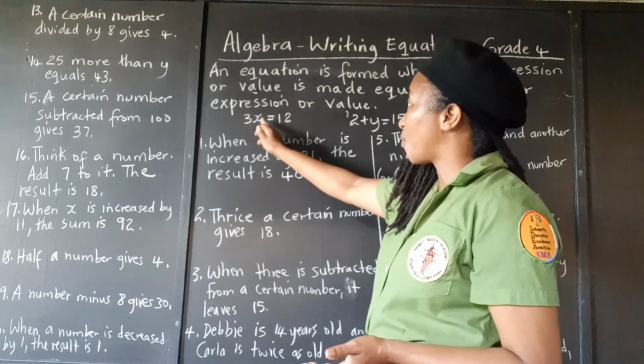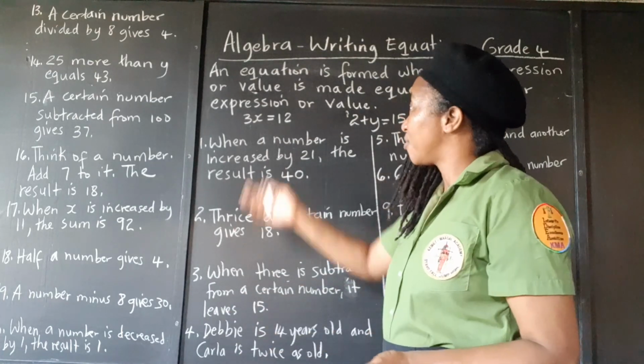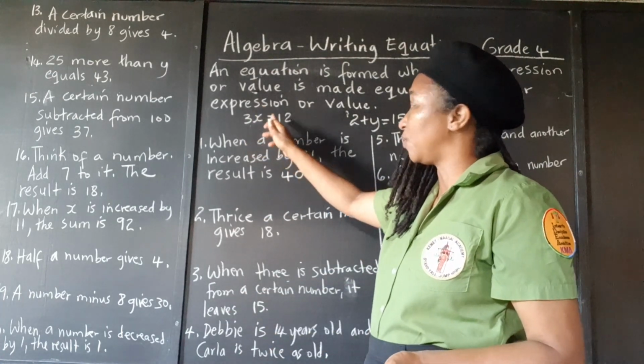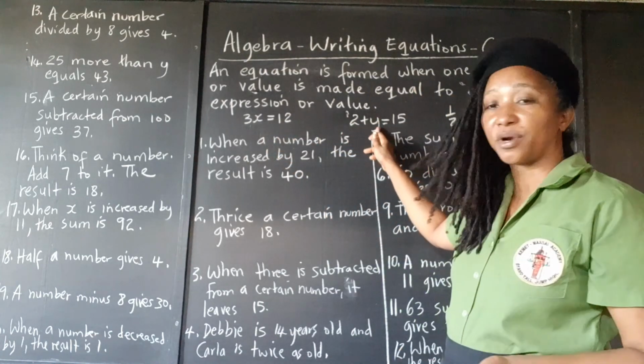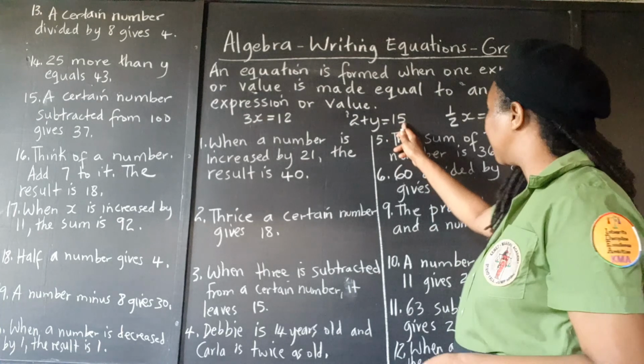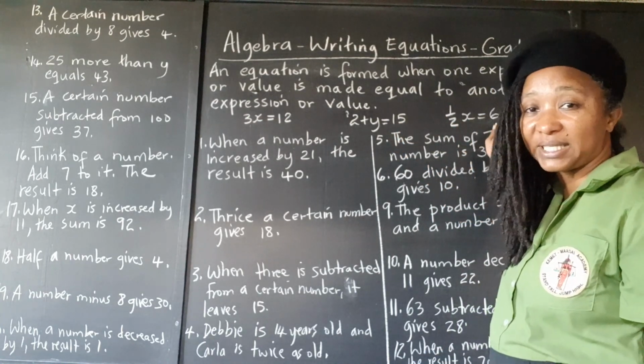So here we're using x to represent an unknown quantity. We want to know 3 times which number would be equal to 12. 2 plus which number would give 15. Half of which number would give 60.